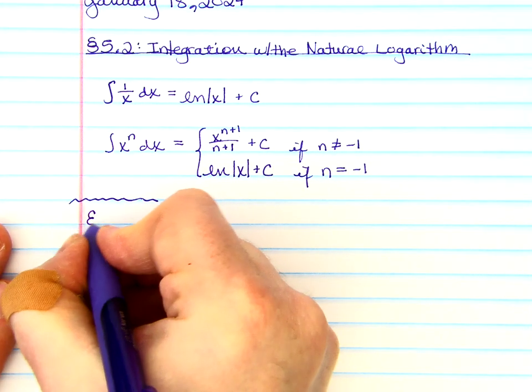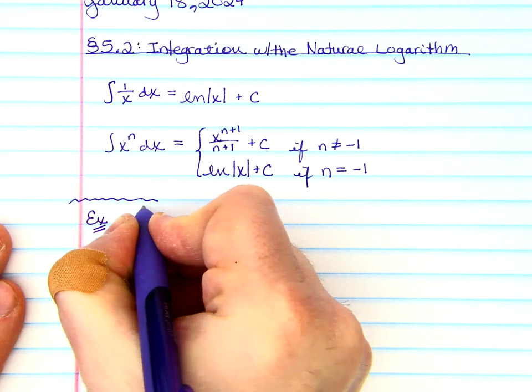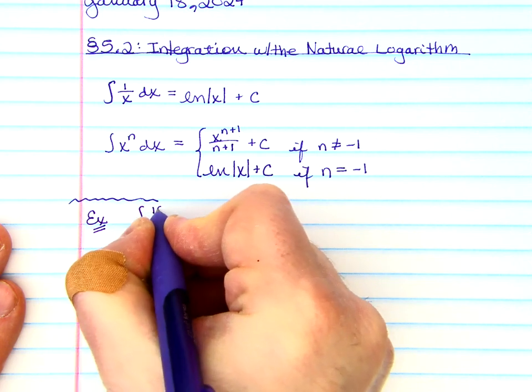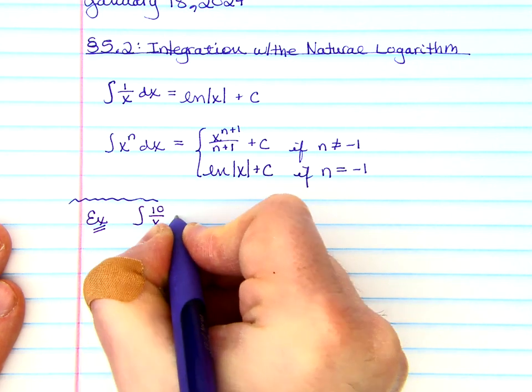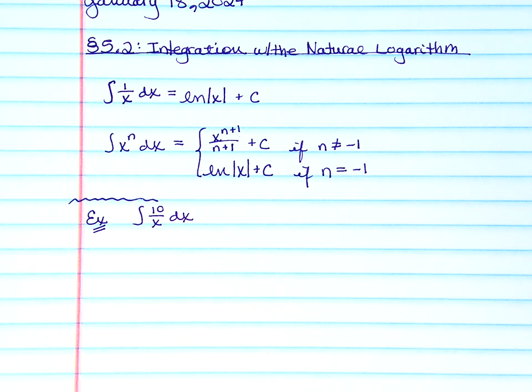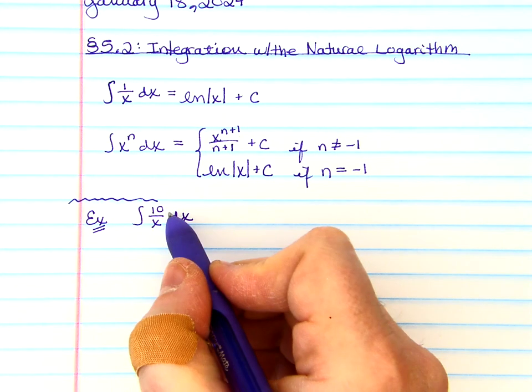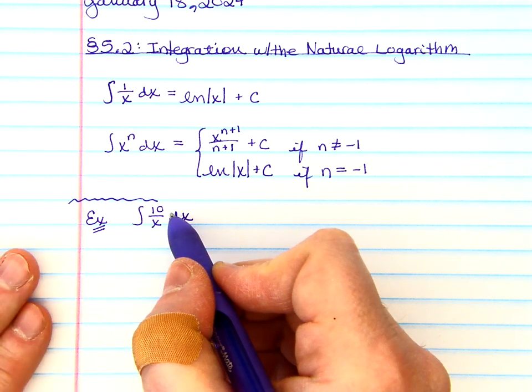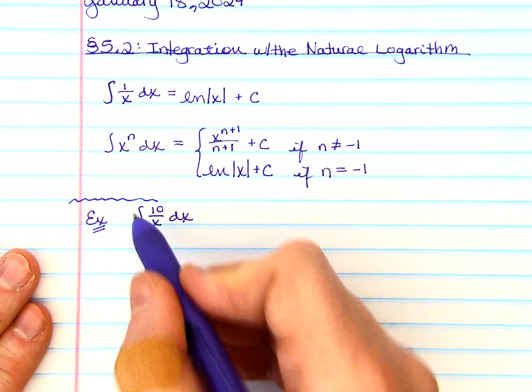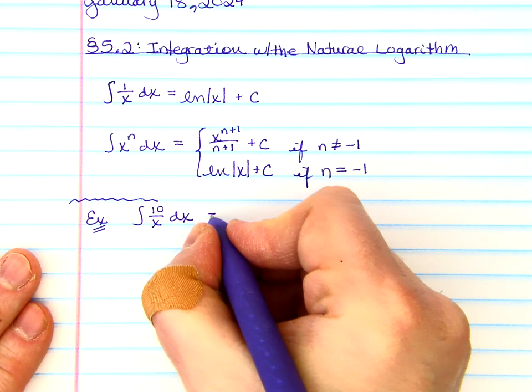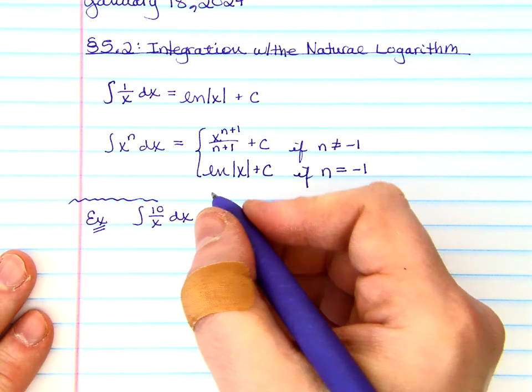For our first example, we're going to do the integral of 10 over x dx. That 10 isn't helping anything. So I can move that out front by my constant multiplier rule. This is not u substitution.